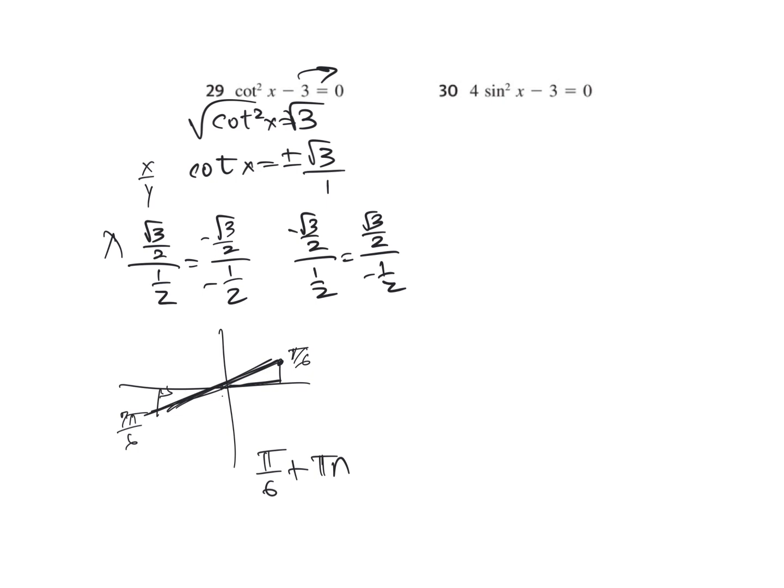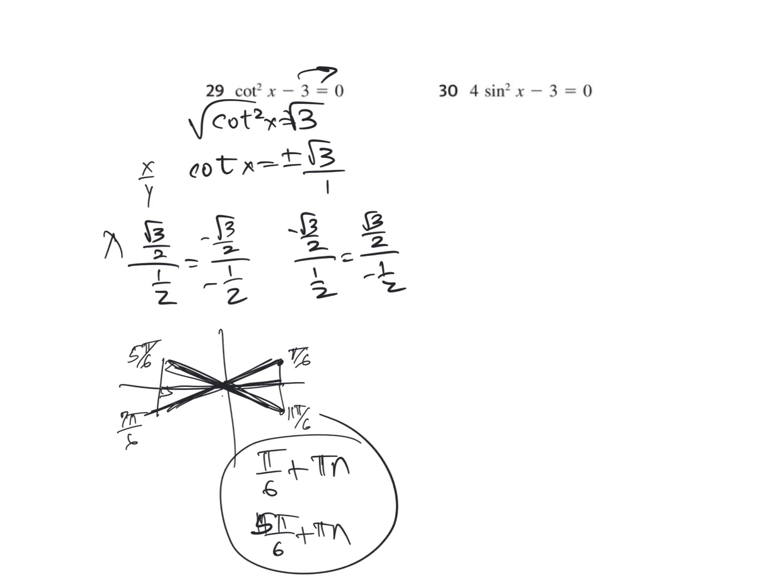And then we have a negative x, long leg, and short leg, positive for y, that would be 5 pi over 6. And then a positive long leg for x and a negative short leg for y gets us to 11 pi over 6. So we'll do 5 pi over 6 plus pi n. Those are 180 degrees apart. So that's your answers for cotangent.